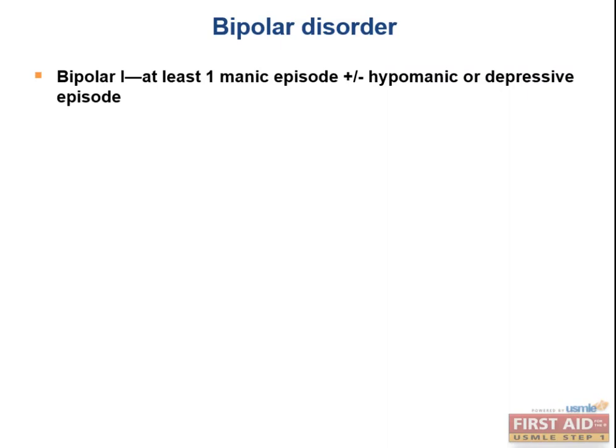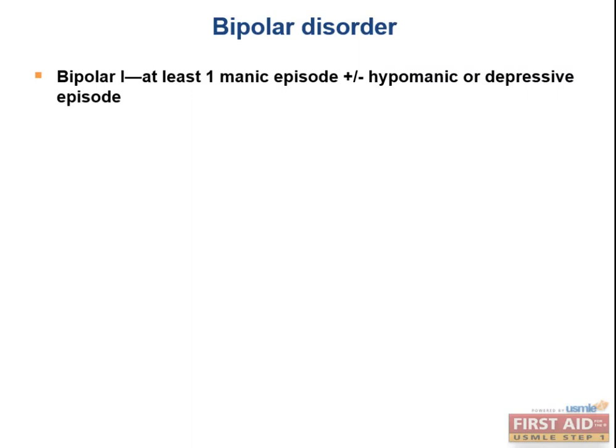And while this is generally true, patients are given the diagnosis of bipolar disorder following a single manic or single hypomanic episode, because these patients will invariably develop depressive symptoms at some point. There are two subcategories of bipolar disorder.